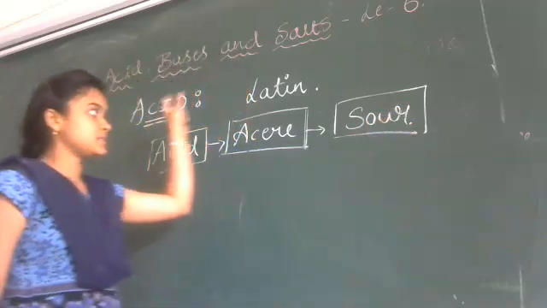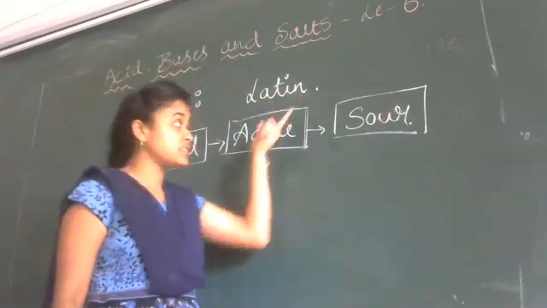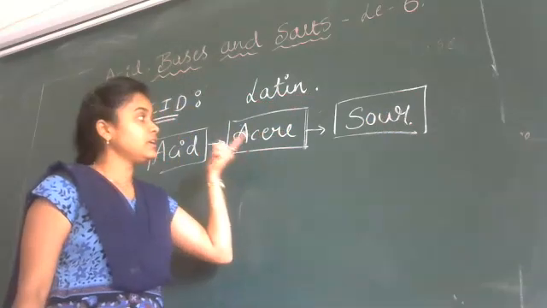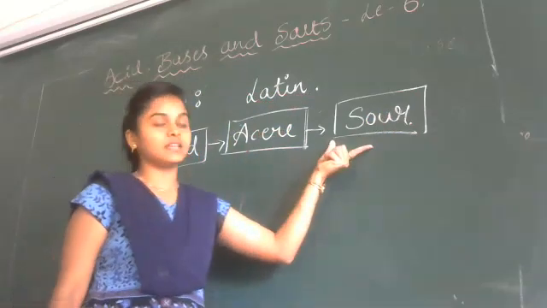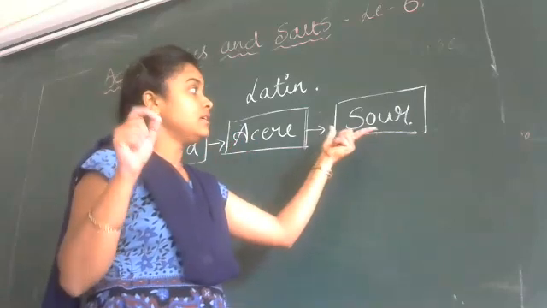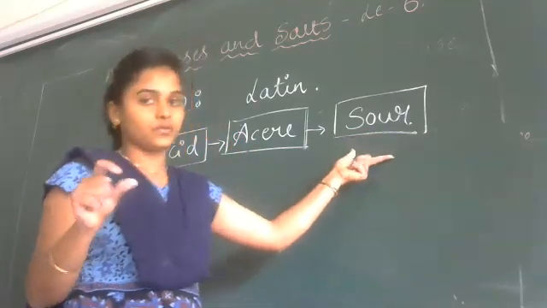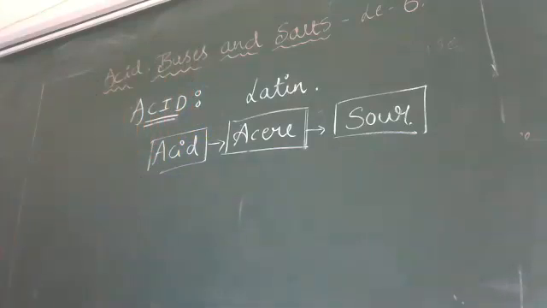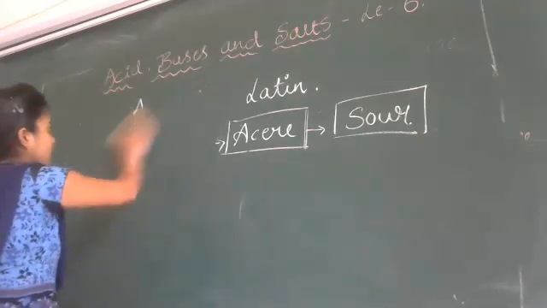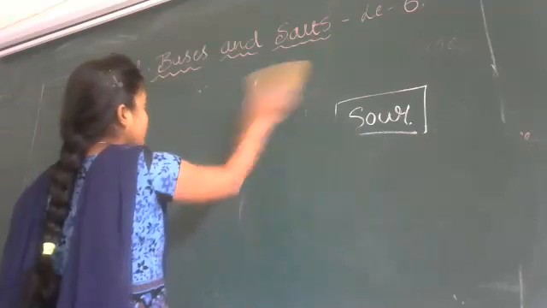So acid has been taken from the Latin word which means sour. In simple form, we can say that acid means sour. Alright, so this is what acid is. Now we will see some of the types or the classification of acid.